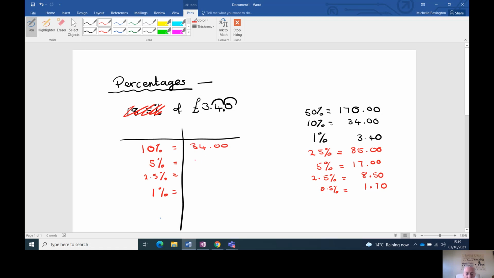My 5 is £17. My 2.5 is £8.50, and my 1 is £3.40. That's 34, 51, 59.50, 62.90.